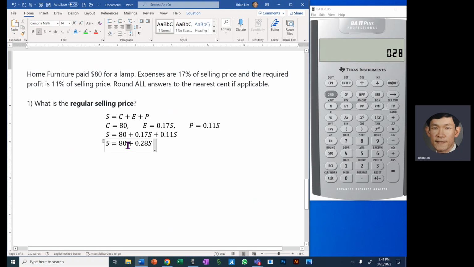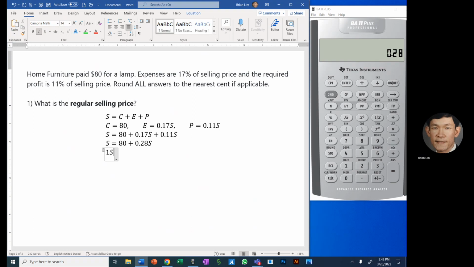Right, now we have to rearrange. We'll take this 0.28 S and put it on this side. Now you also must remember that when there is no coefficient in front of S, such as 2, 3, 4, it's 1S. So 1S minus 0.28S is equal to 80, right?